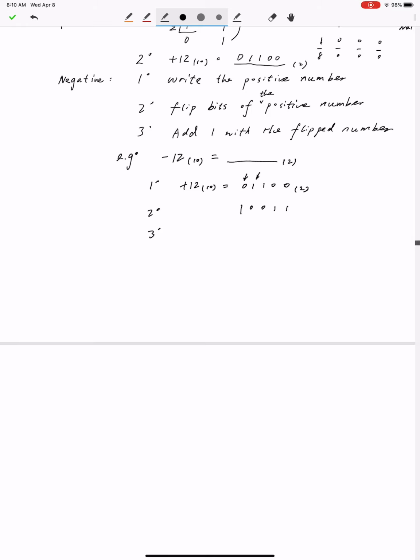And for the third step, we just need to add 1 with the flipped bits. Here, we need to do the binary number summation. We will talk more about this topic in today's class. But here, let's just do the simple summation. Binary summation is pretty similar to decimal summation, right?